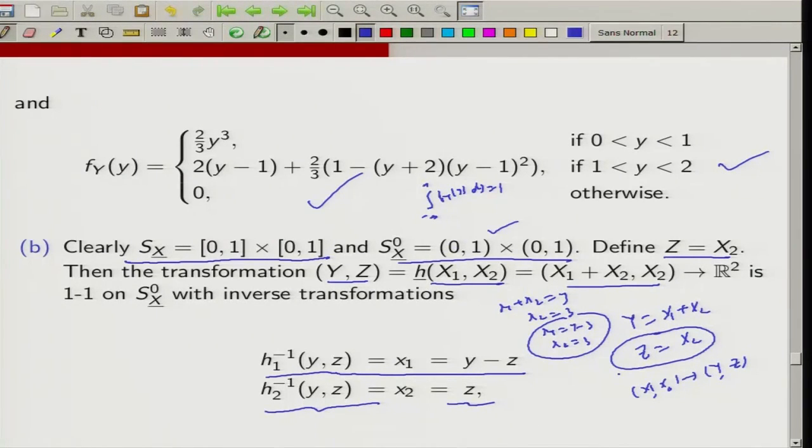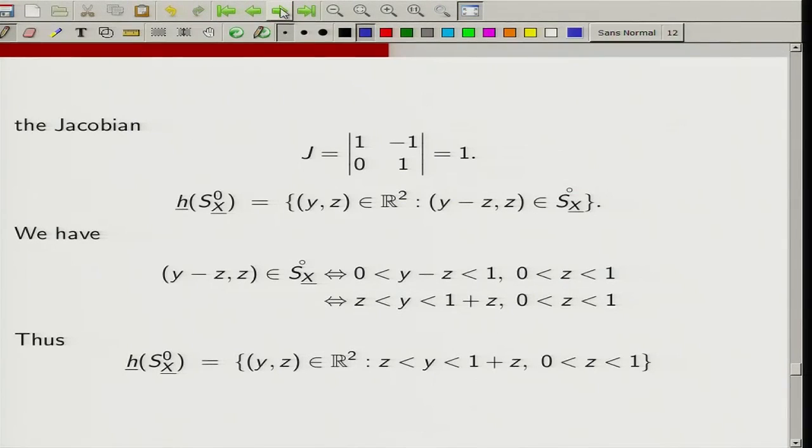So, I just consider the Jacobian of the transformation. The Jacobian would be: del h1 inverse by del Y, which is 1, del h1 inverse by del Z, which is minus 1, del h2 inverse by del Y, which is 0, del h2 inverse by del Z, which is 1. So, the Jacobian turns out to be the determinant of [1, -1; 0, 1], which is 1.